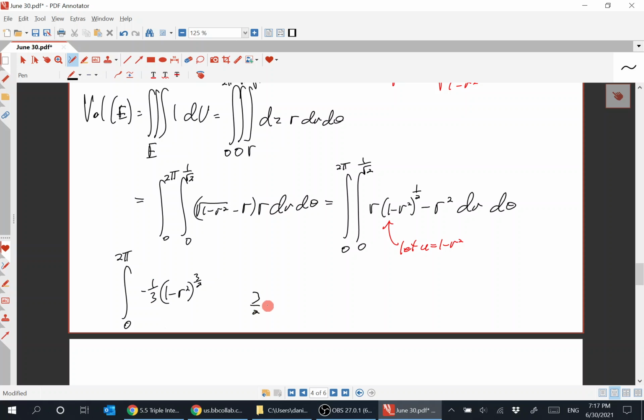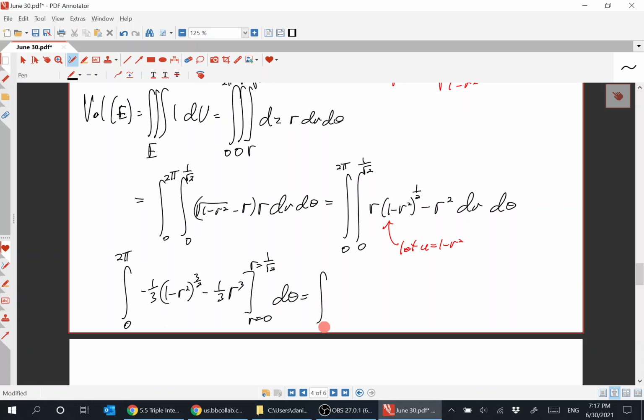It's going to be 3/2 times 1/3 times minus 2, because you're going to use the chain rule there. Then you're going to have the negative here, and yeah, that's right. So that's the antiderivative. But if you don't want to just guess at it, you can do the u substitution. So this is from r equals 0 to r equals 1 over root 2, and then d theta.